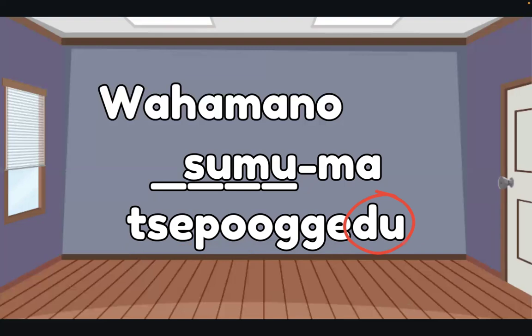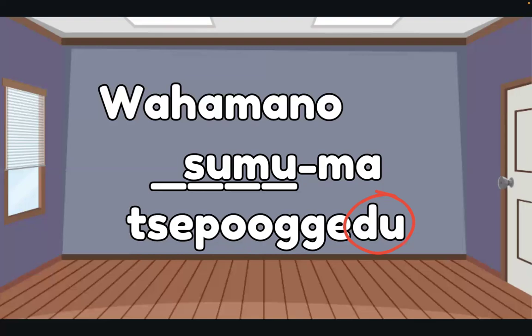So by suffixing this to the verb tsipugi, this entire phrase now functions as a noun, or more specifically as a number, rather than just a verb. So altogether, wahamano sumumatsipugid means 21. Literally 20 with 1 added on, but in English it's simply 21.